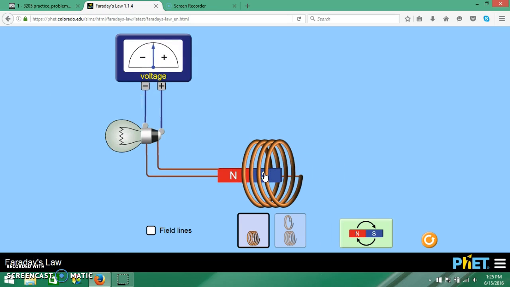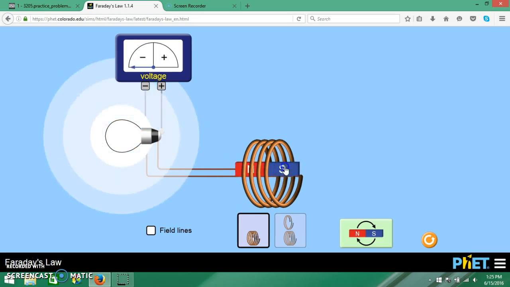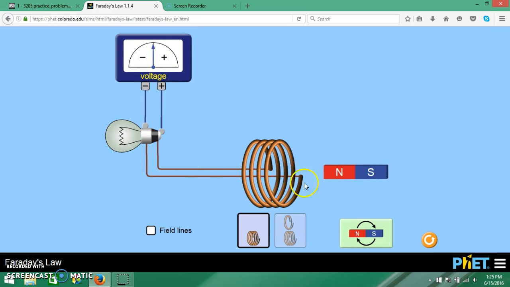Notice that if the magnet's not moving, we don't get electricity. So it has to be a moving magnet, either moving the wire past a magnetic field or moving a magnetic field past a wire. That's called the generator effect because you're generating electricity. That's the idea, using magnets to create electricity.